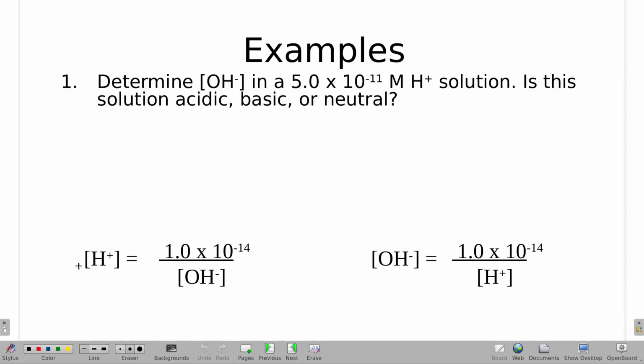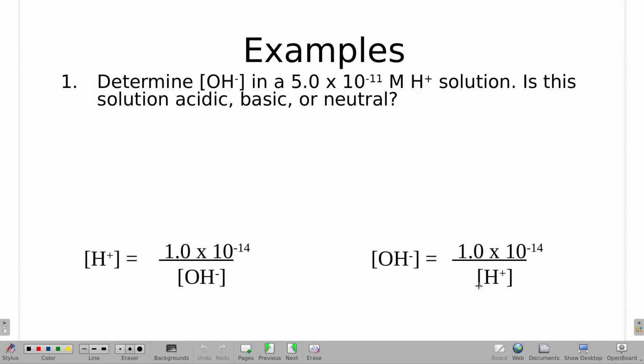And we can do something like this to see what a calculation would look like. I wanted to get the OH concentration if I have 5 times 10 to the -11 molar H plus.